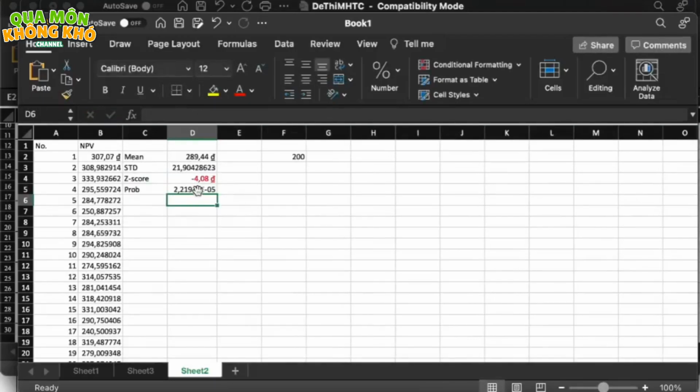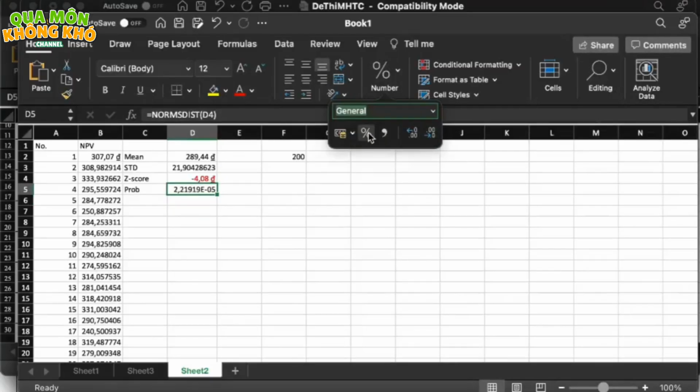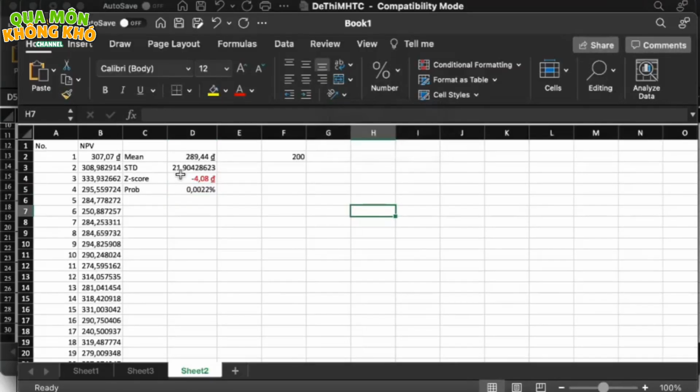But it's quite small. It's extremely small. Because you see the mean value is approximately 289, and the standard deviation is quite small compared to the mean value, just 21, 22.